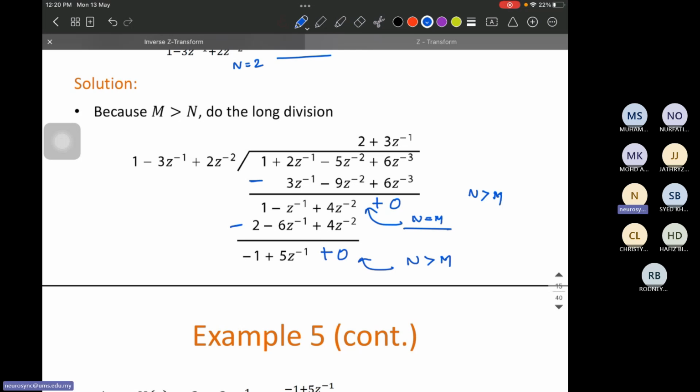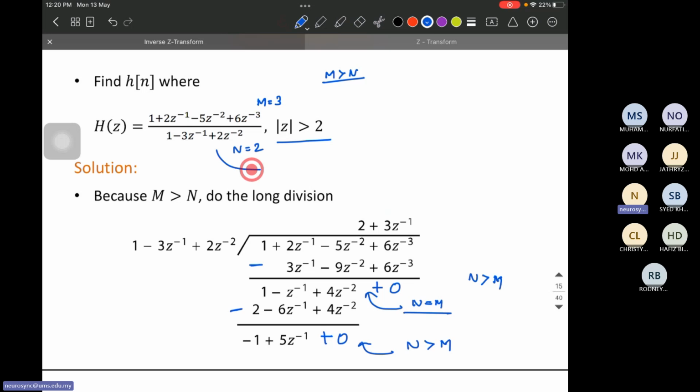Now, after doing this long division, how will I write the answer? This division is basically equal to 2 plus z to the power minus 1, which is exactly divisible. And the remainder is minus 1 plus 5 z to the power minus 1, and the denominator term is the same, 1 minus 3 z to the power minus 1 plus 2 z to the power minus 2.